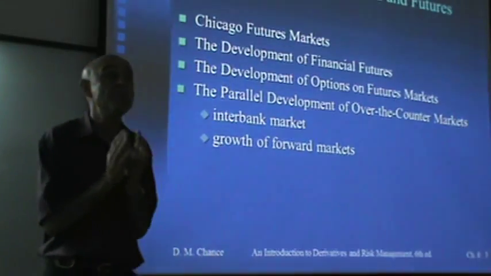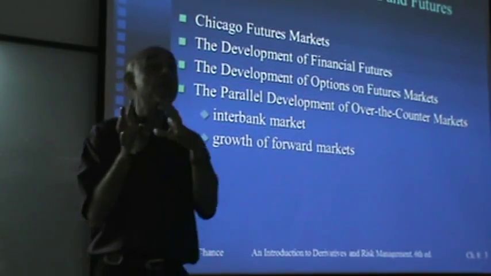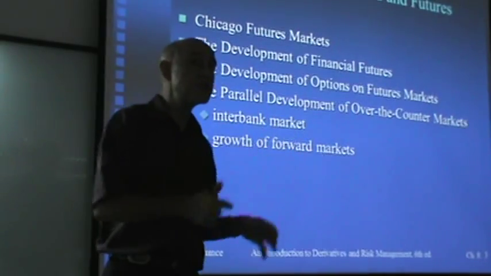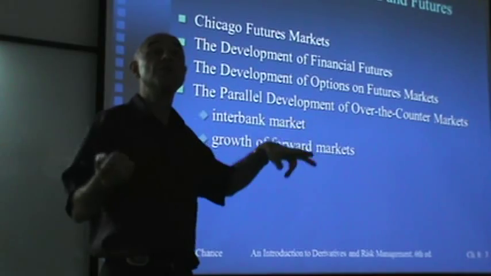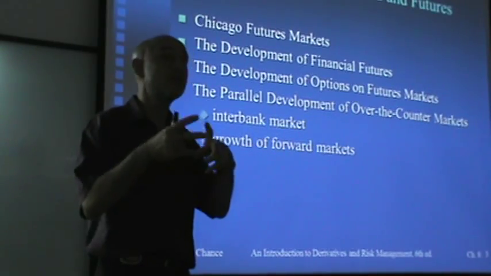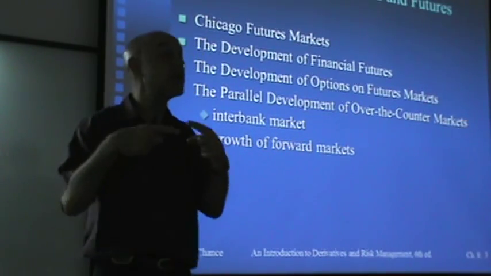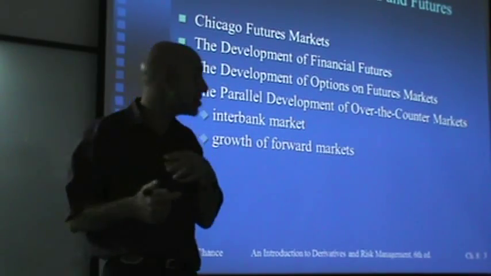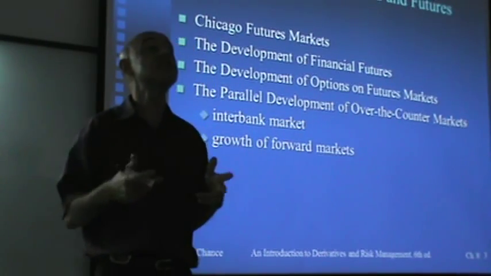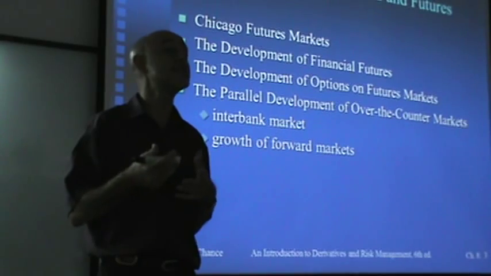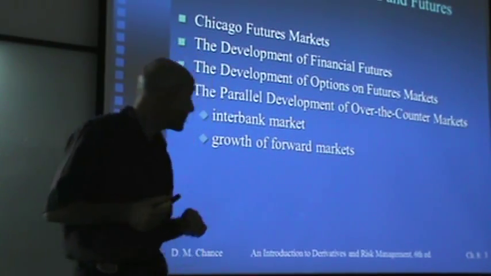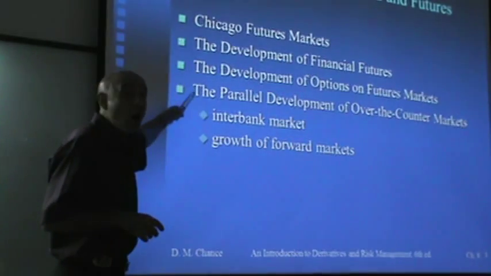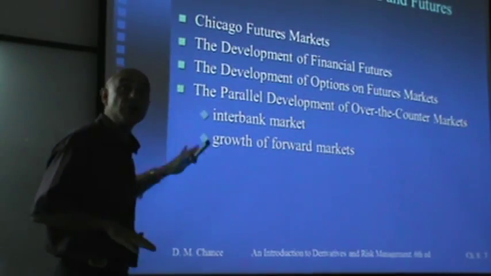The main difference between a forward and a futures is that the forward is over-the-counter, between financial institutions, or a financial institution and a customer in a direct manner, maybe a corporation. And the futures is traded on an organized exchange with rules and regulations and everything else. So the over-the-counter market began to rise.